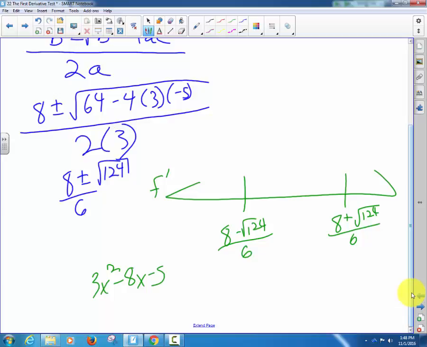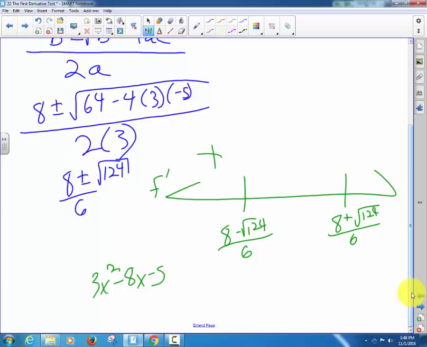Let's just do 1,000. Negative 1,000 squared is 1,000,000. That's 3 million minus 80,000 minus 5. What kind of number do you think that is? $3 million minus $80,000 minus $5. You still got a lot of money. So that's positive over there.